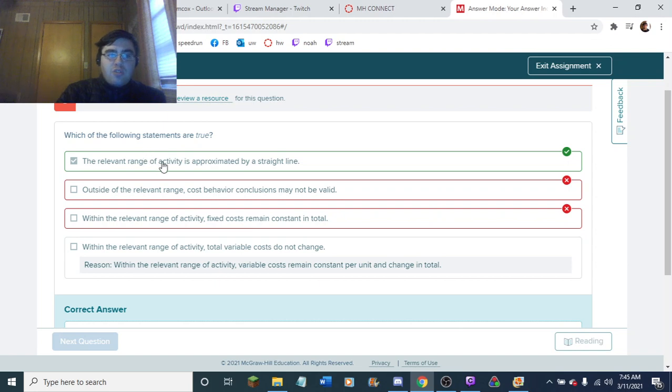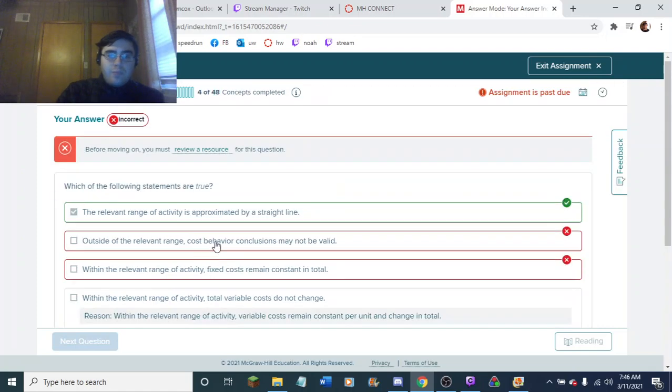Yeah, this is the only one that's true. Oh no, these two are true. I'm stupid. These three statements are true. This one is not. Within the relevant range of activity, variable costs remain constant per unit and change in total. The relevant range of activity is approximated by a straight line. Outside of the relevant range, cost behavior conclusions may not be valid. Within the relevant range, fixed costs remain constant in total.